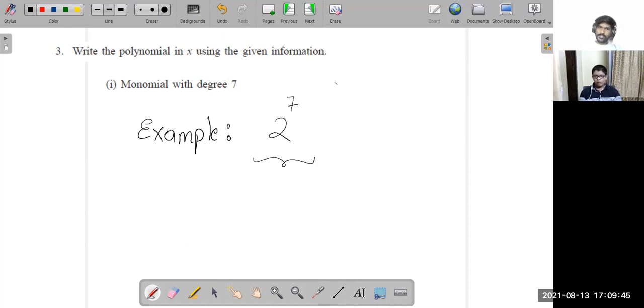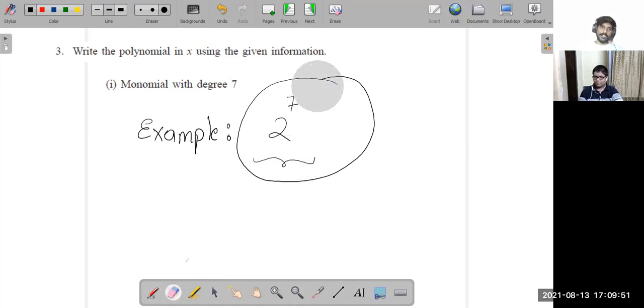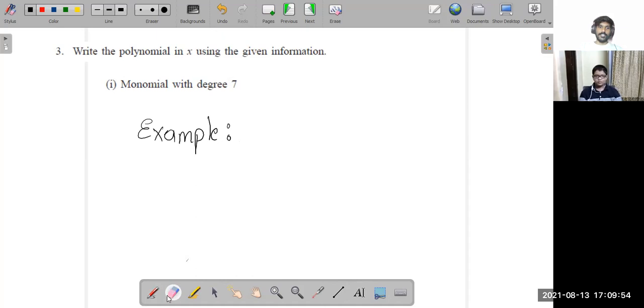So can you think of something that is missing in this? Yes. 2m raised to 7. Correct. 2m raised to 7 or just m raised to 7 is also fine. So this is a very good example of a monomial, just one term, and the highest degree of this monomial is 7.